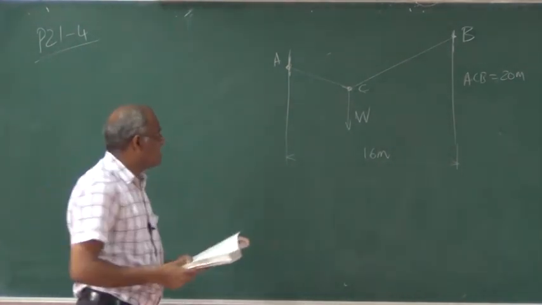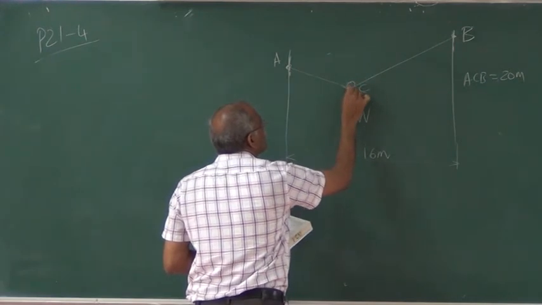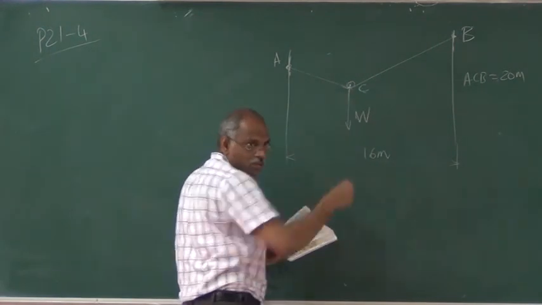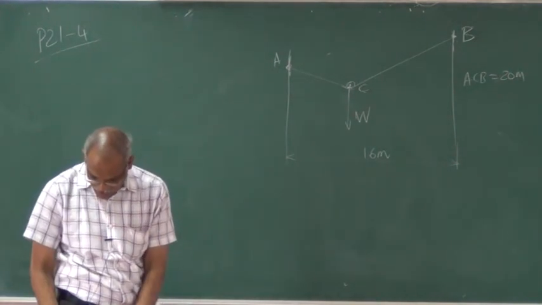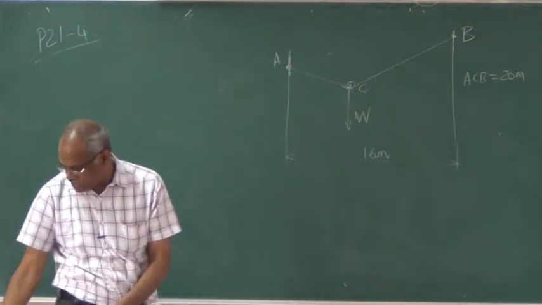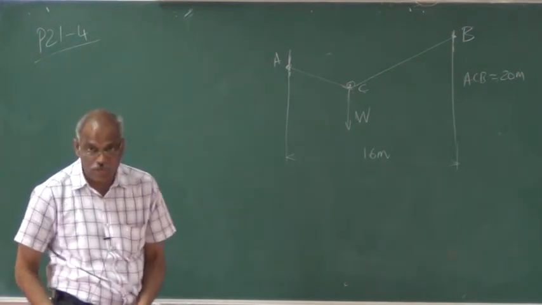A pulley C. So here you can think of a pulley so that it can move around. Earlier case it was a hoop where it is attached, but here you can move around. As I told you, instead of a pulley I use just a hook which can also slide around.